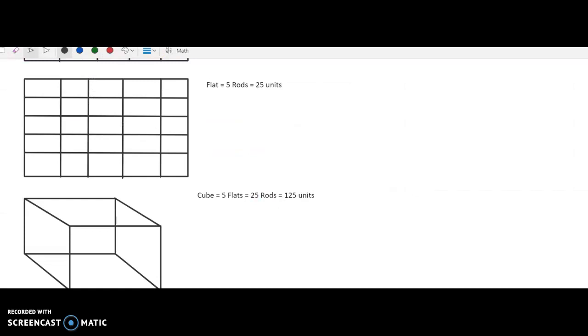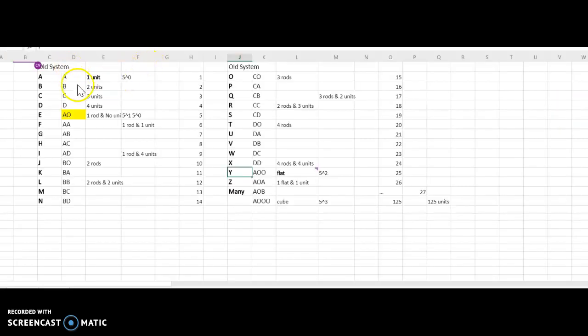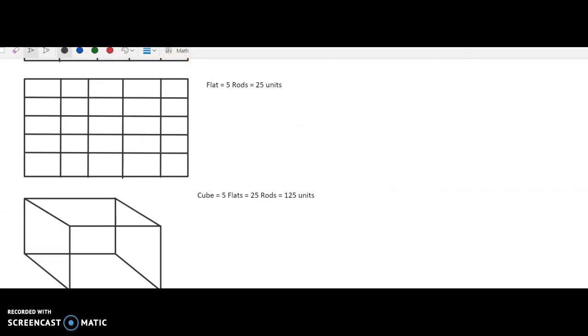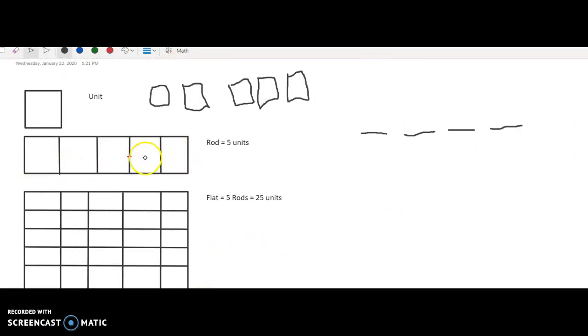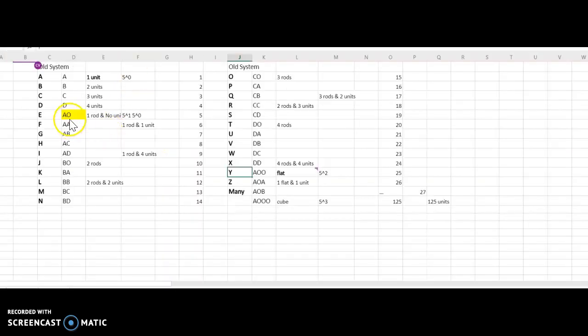In our new number system, we can count, and we count like this: A, B, C, D, and then we switch over to our rod, A. Since there we see just a rod and nothing else, it's an AO.